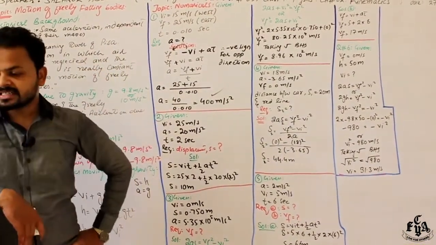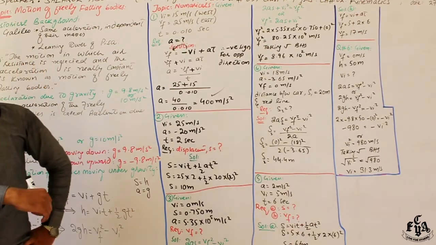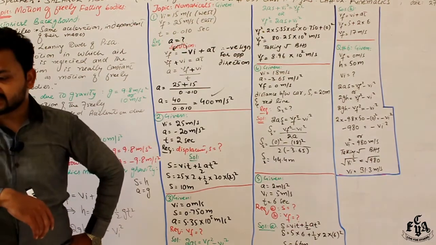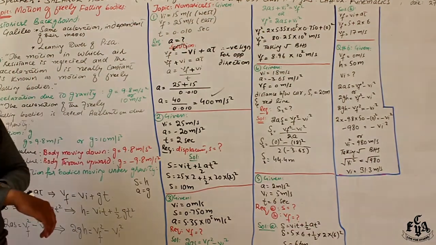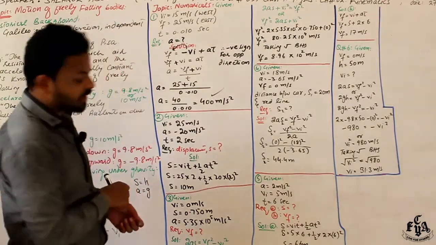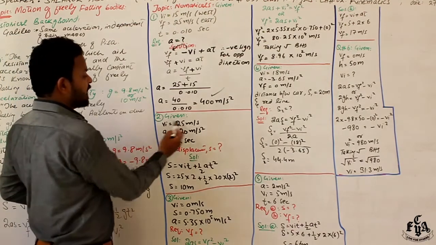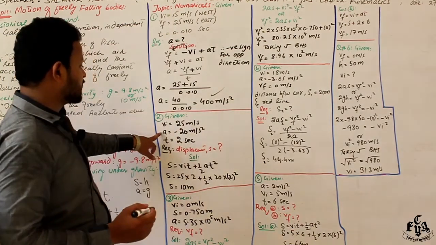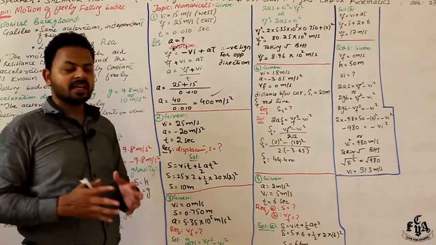Okay, now let's discuss numerical number 2. A golf ball is initially traveling with 25 meters per second, hits a sand trap and slows down with an acceleration of minus 20 meters per second square in time 2 seconds. Okay, Vi is 25 meters per second, acceleration is minus 20 meters per second square, time value is 2 seconds.